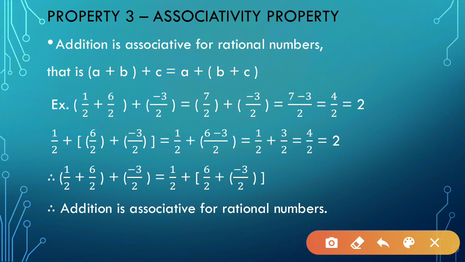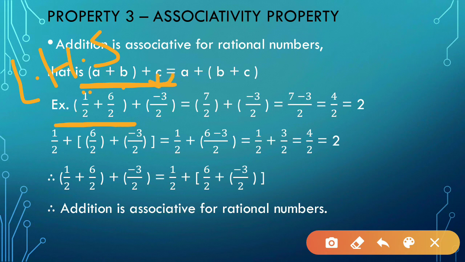So let's take the LHS first, the left hand side. First you add a plus b: 1 by 2 plus 6 by 2, then plus c, which is minus 3 by 2. When you add the bracket, you get 7 by 2.